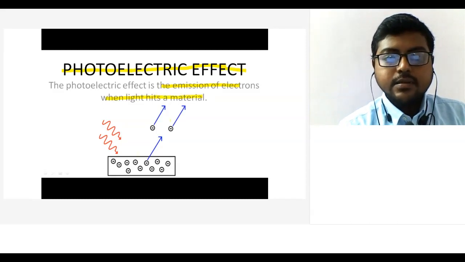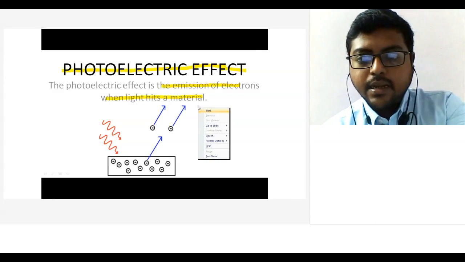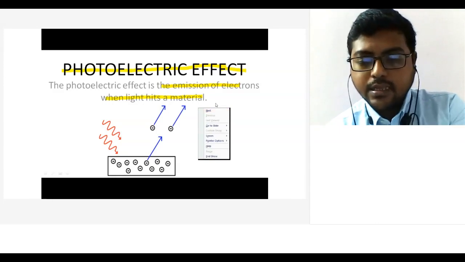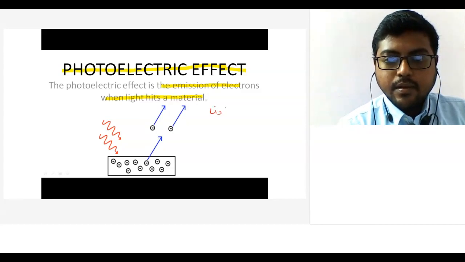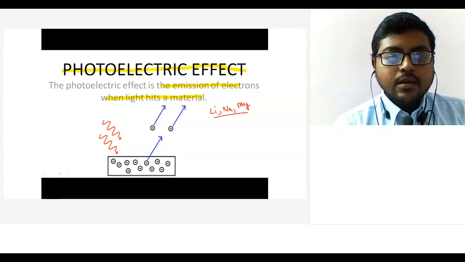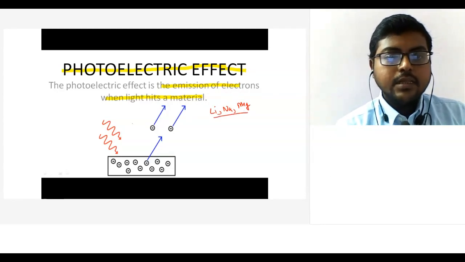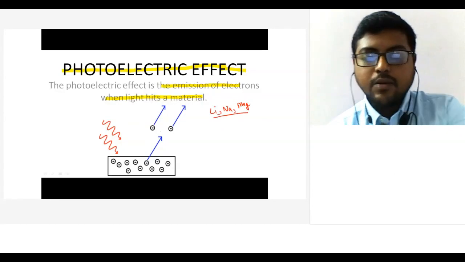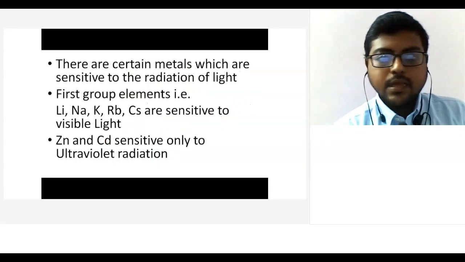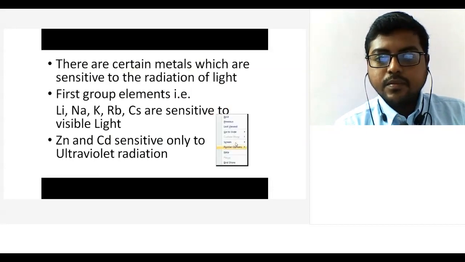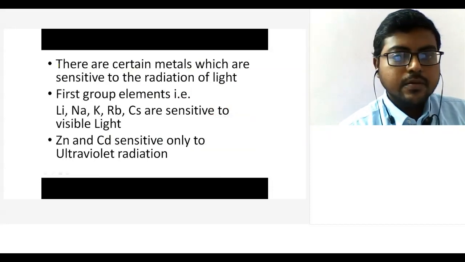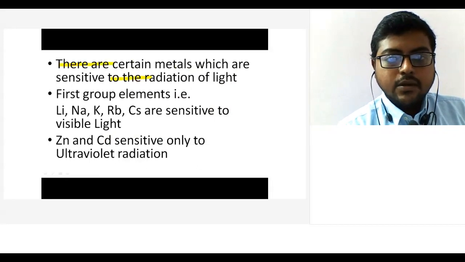The material is a metal, like lithium, sodium, magnesium. So these are the metals. When light strikes it, then the electrons will come out. There are certain metals which are sensitive to the radiation of light.